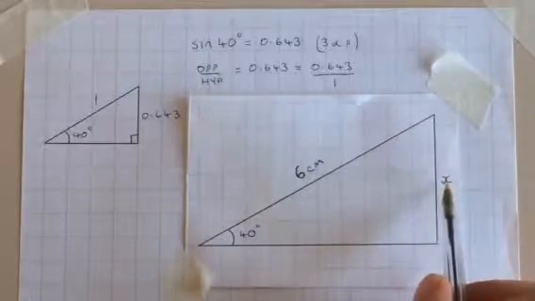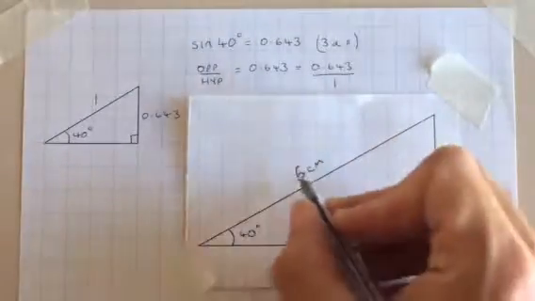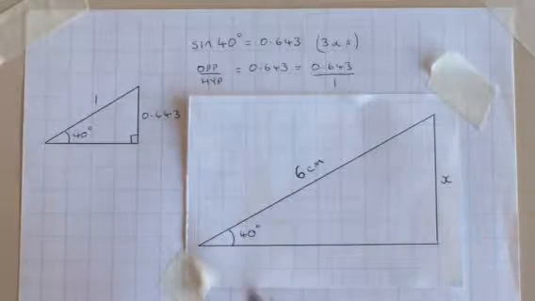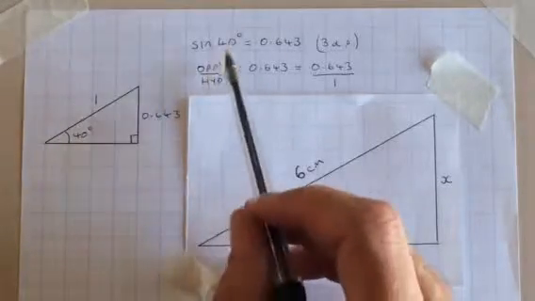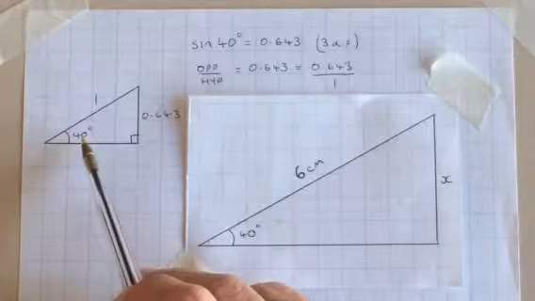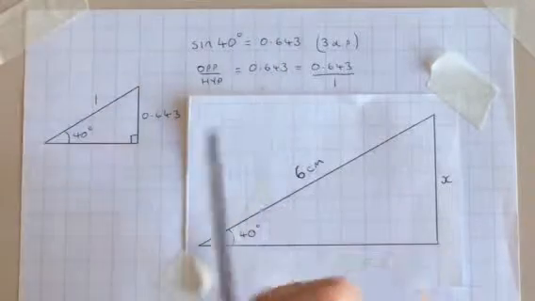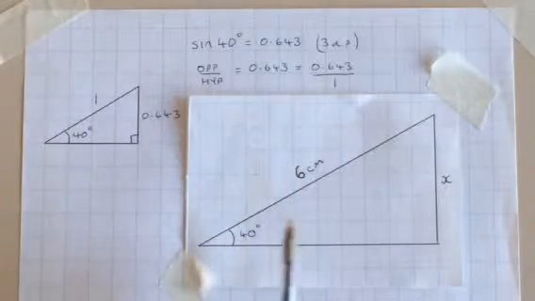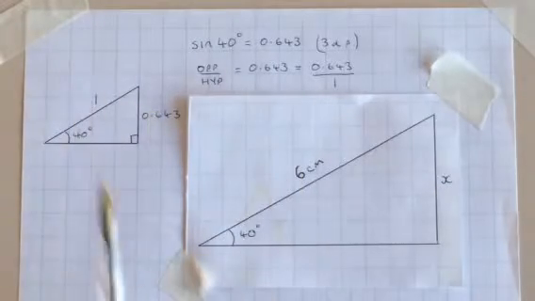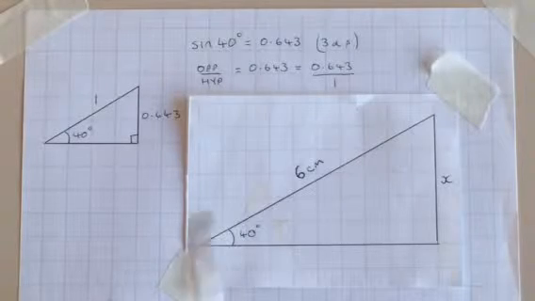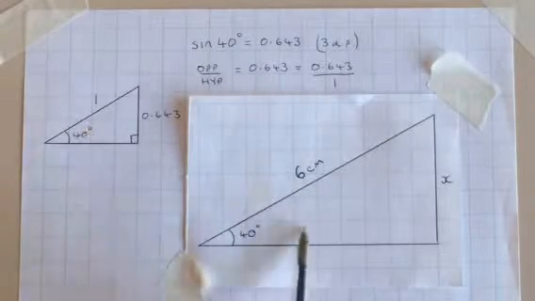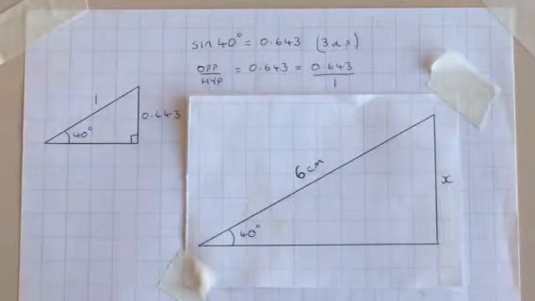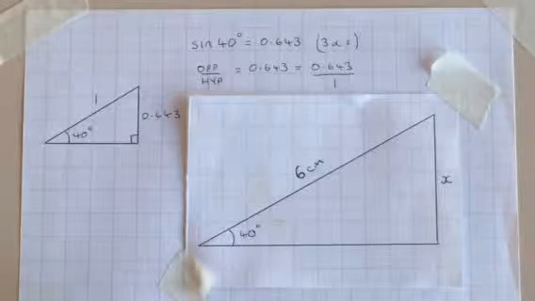We don't know the opposite, but we do know the hypotenuse. You'll remember that in a right-angled triangle with a 40-degree angle, this ratio is always the same: that divided by that is always 0.643. These two triangles are exactly the same, only one is bigger than the other. It's an enlargement of the first triangle.